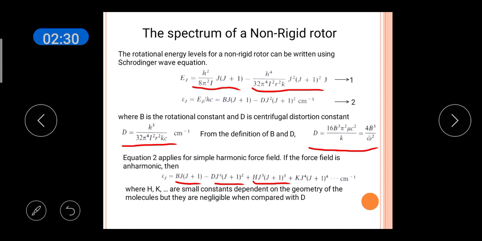Here H, K are small constants dependent on the geometry of the molecules, but they are negligible when compared with D.